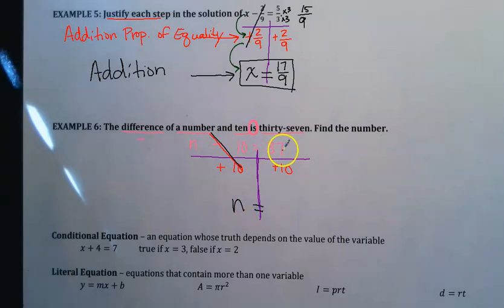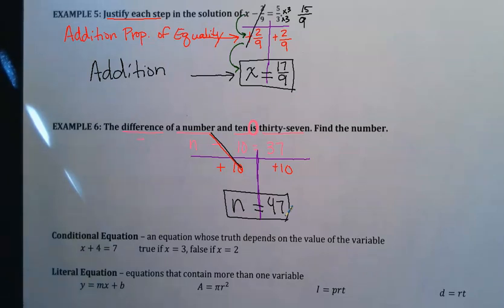On the right, 37 plus 10 equals 47. So your number is 47. Again, you probably could have done it in your head, but that is not acceptable. You must show me the work.